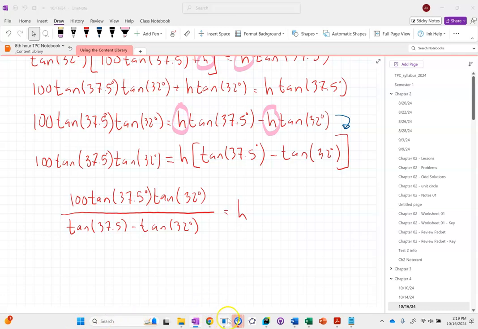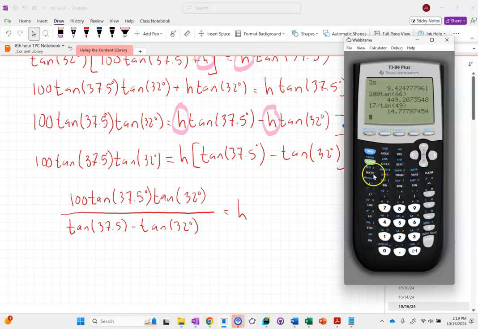Now it's calculator time. To get this into my calculator, I definitely want to use that horizontal fraction bar, because this is going to be like a nightmare of parentheses to try to do without it. But with that horizontal fraction bar, I can just type it in exactly as it looks on my sheet of paper. And boy, that's a lot nicer.